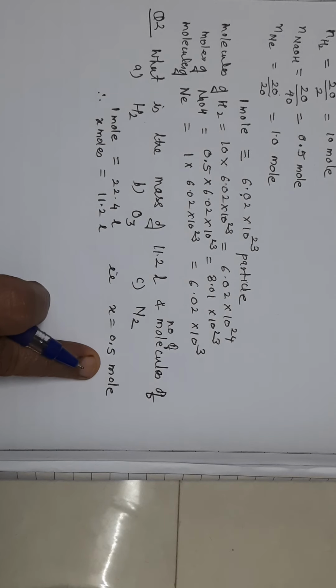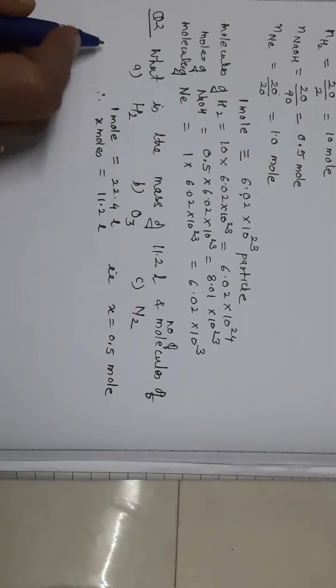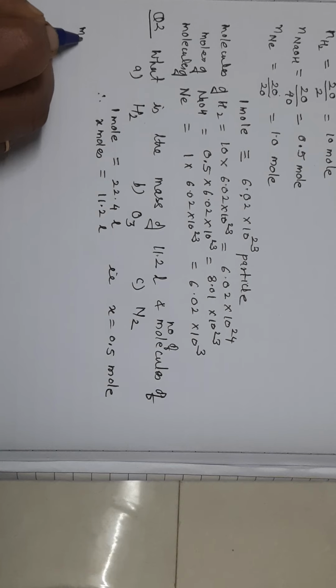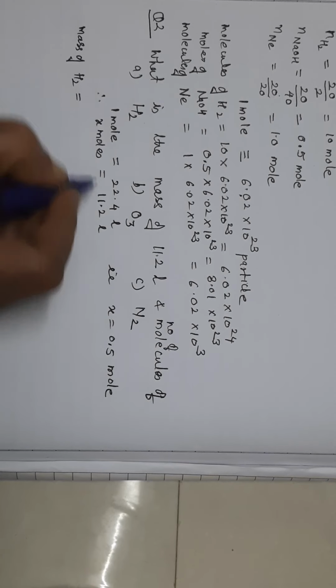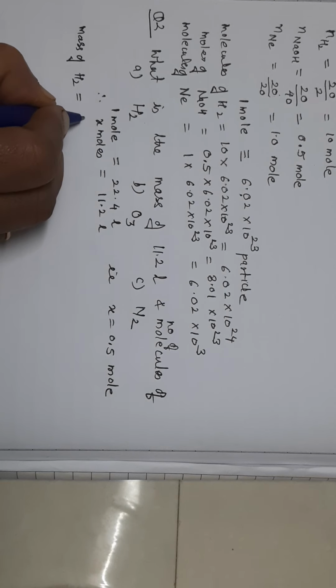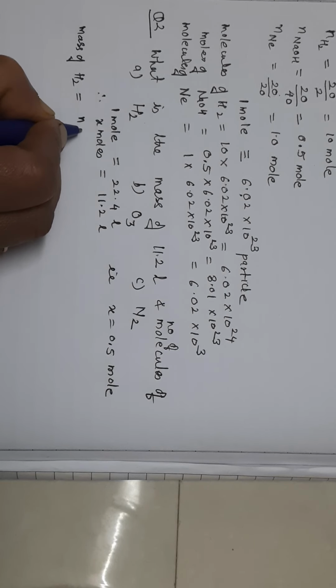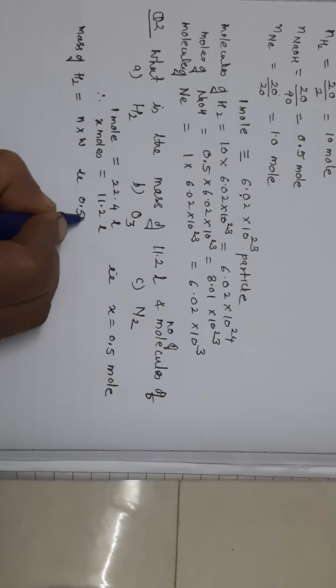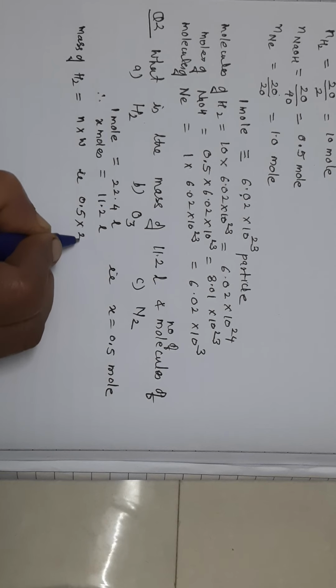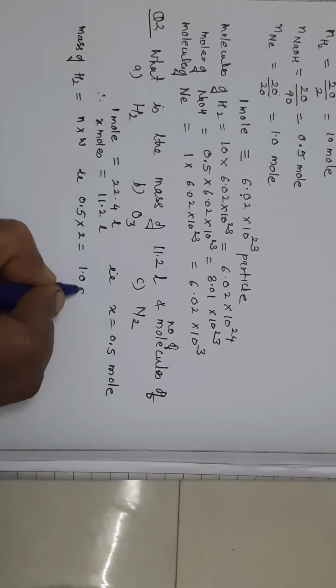The number of moles is 0.5. So, mass of hydrogen will be equal to the number of moles multiplied by molar mass. That is, number of moles is 0.5 and molar mass is 2, so that is 1.0 gram.